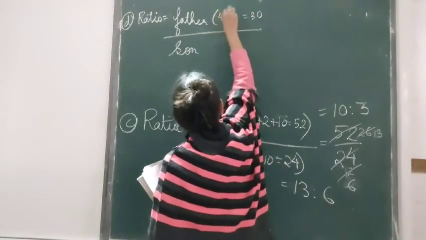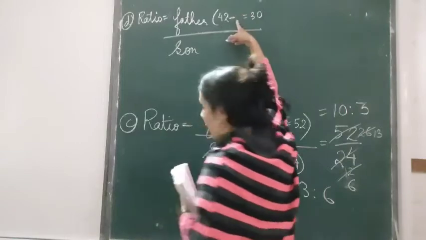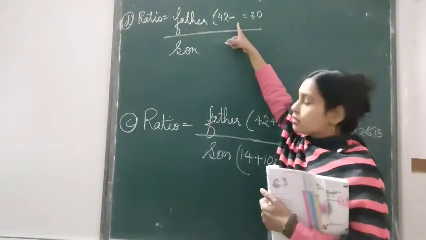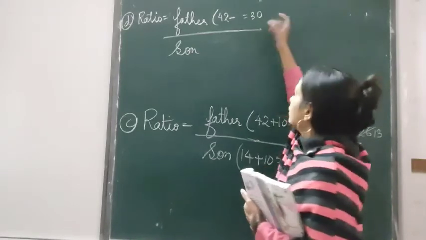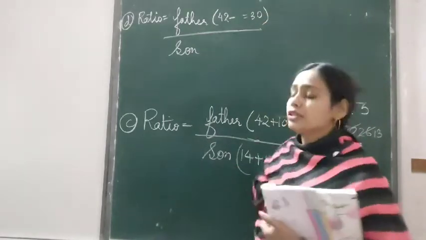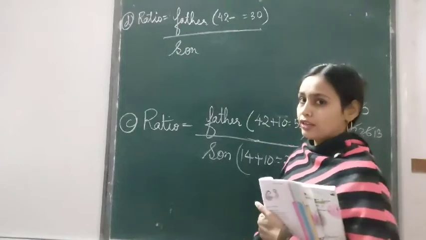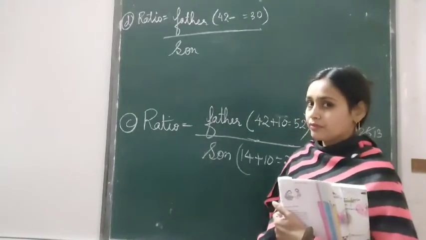That means from 42 we need to subtract some years so that we get 30. So how much will you subtract from 42 so that you will get 30?